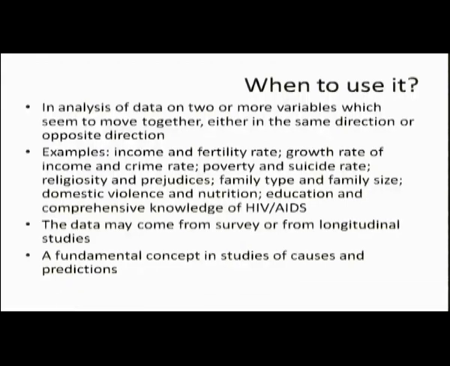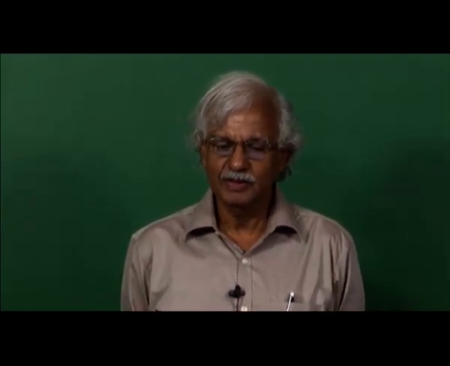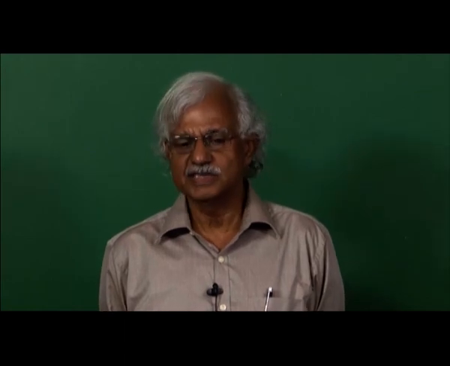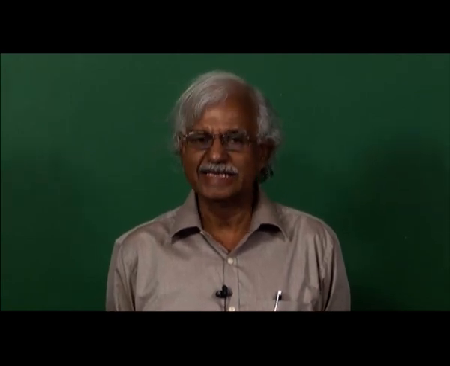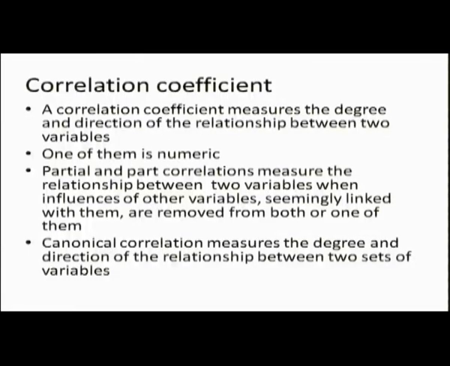Then if changes in x at a given point of time produce changes in y after a lag of time, then we say that x is a cause of y, or changes in x produce changes in y. In that sense, x and y have a causal relationship. Correlation coefficient measures the degree and direction of the relationship between two variables.